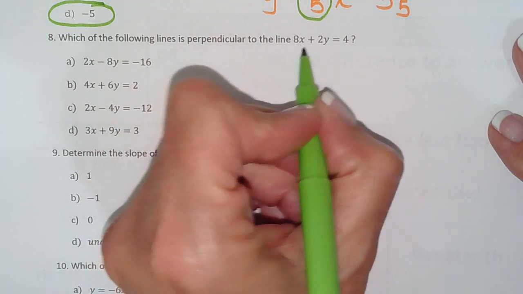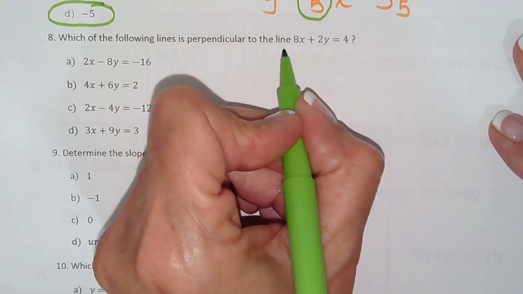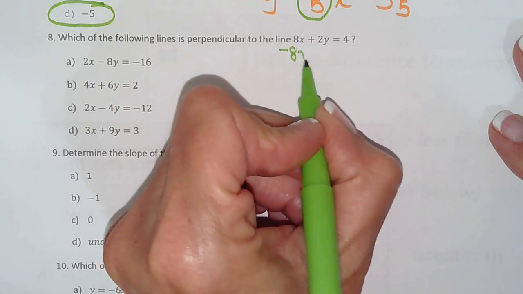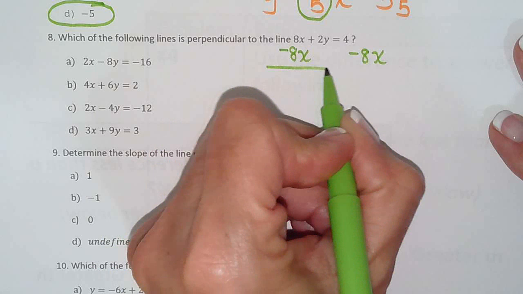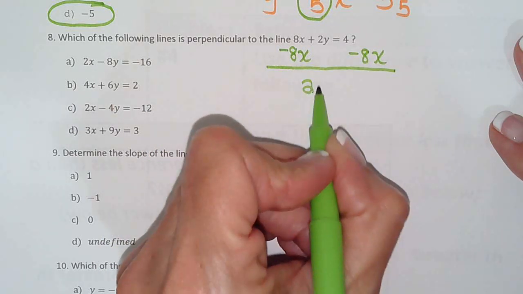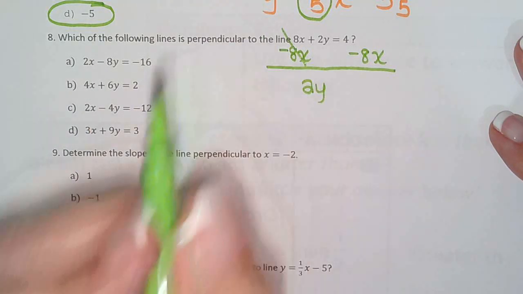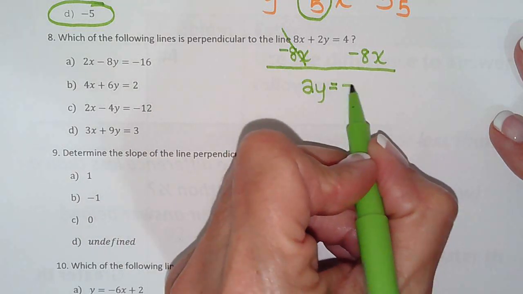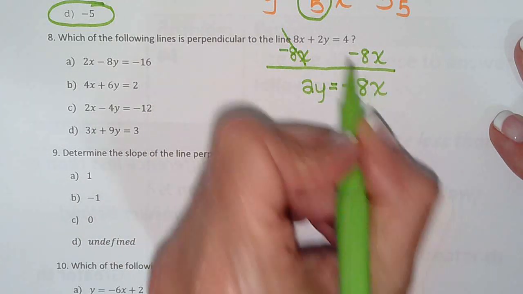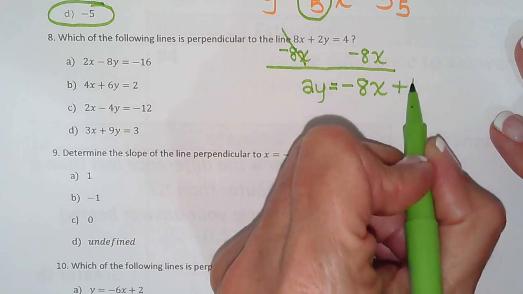So okay, let's find the slope of this line. To find the slope, remember we have to put it in y equals mx plus b form. Should be your first step every time, is solve for y to make it look like y equals mx plus b. So 2y equals negative 8x and a positive 4.